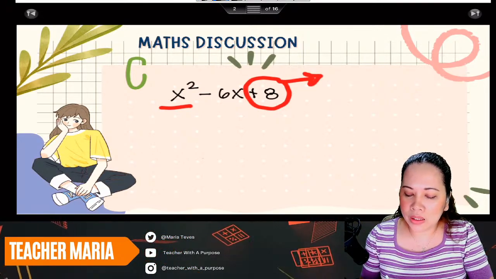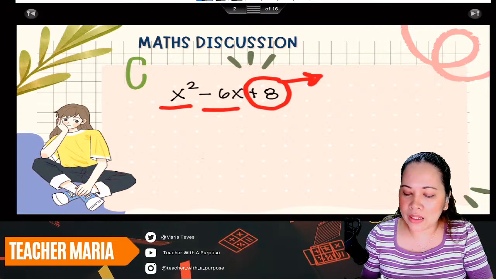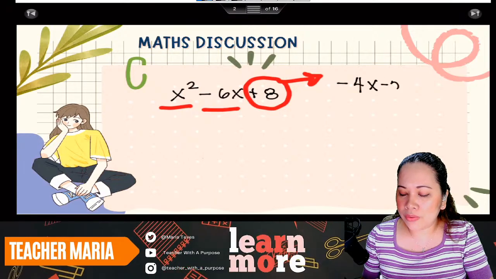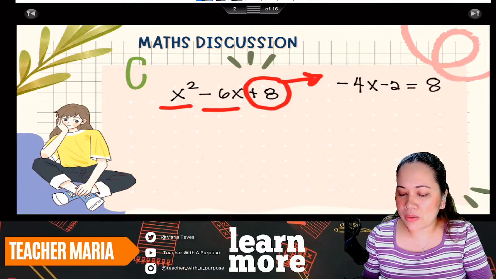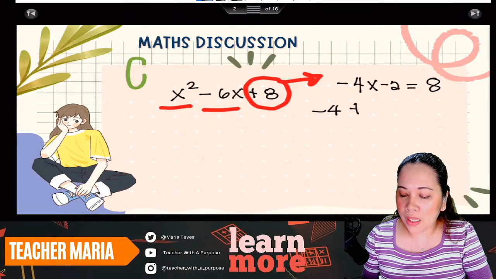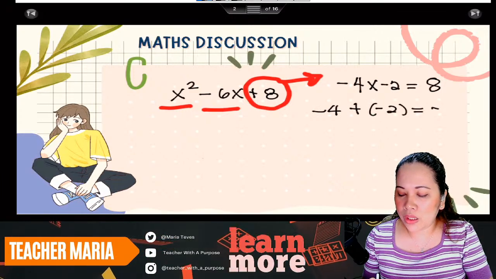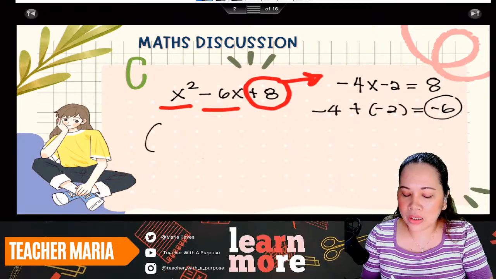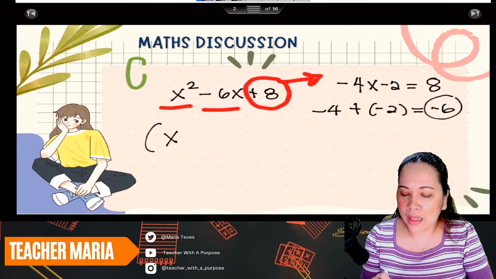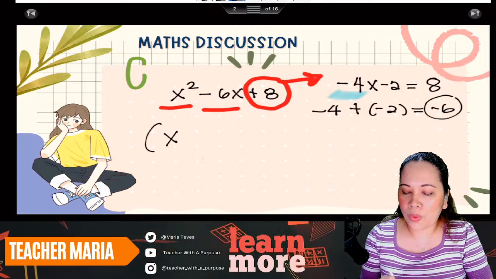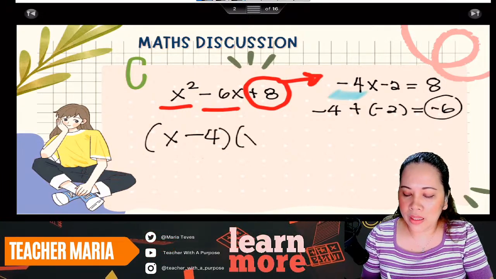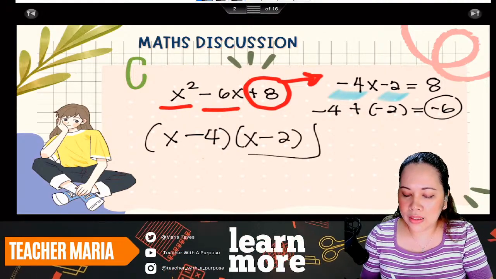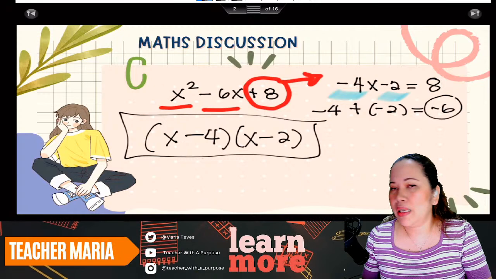Since the middle term is negative 6, I will have negative 4 times negative 2. That will give me a positive 8. And negative 4 plus negative 2 will give me negative 6, which is the middle term. So hence the factor is x minus 4 and x minus 2. That's it.